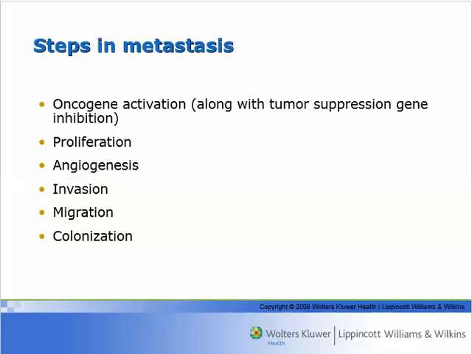The new treatments are now looking at making other tissues inhospitable to colonization, to the cells actually taking root. If they do start to colonize, basically what happens is it starts this whole process over again.